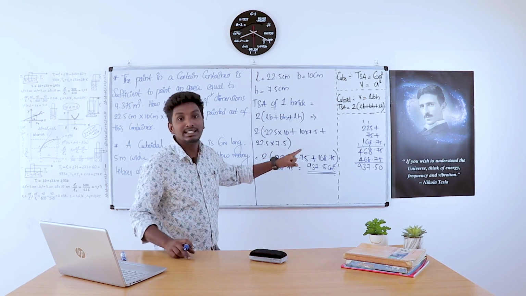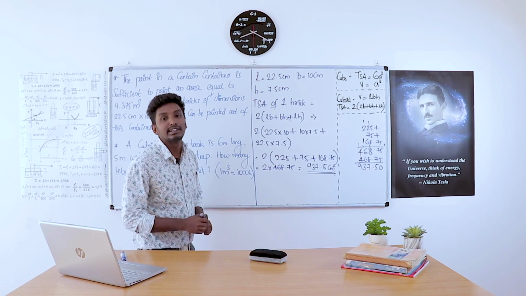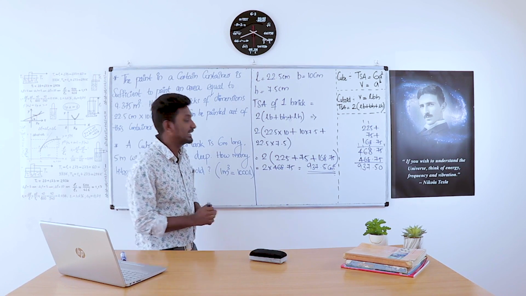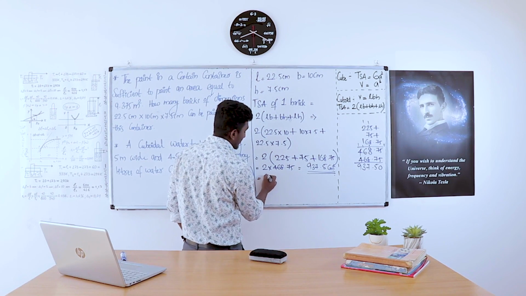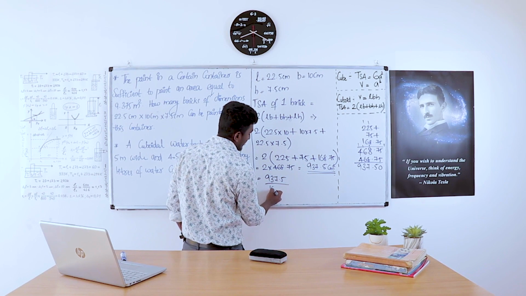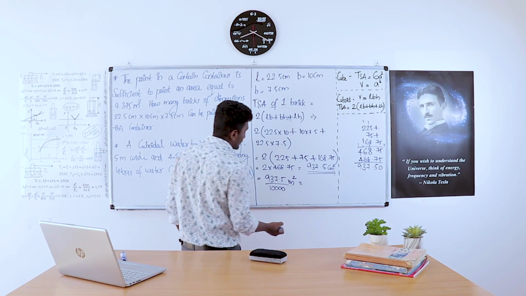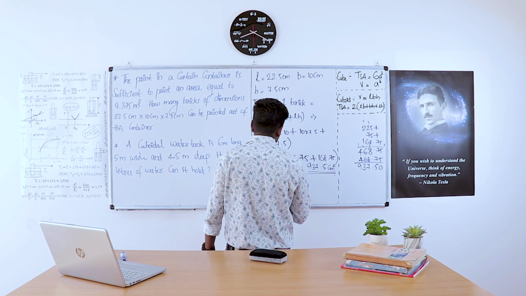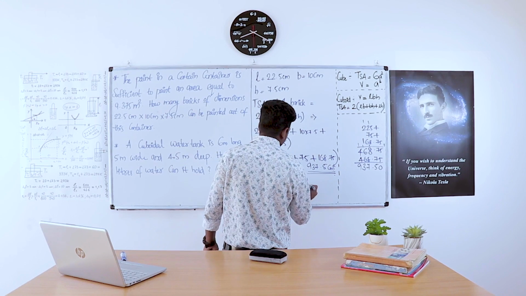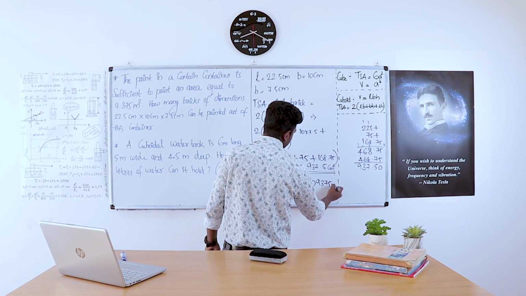But here it is centimeter square to meter square. So divide it by 100 square. What is 100 square? It is 10,000. So which is same as 937.5 divided by 10,000 meter square, which is equal to 0.09375 meter square.